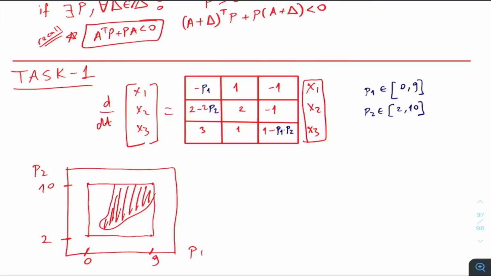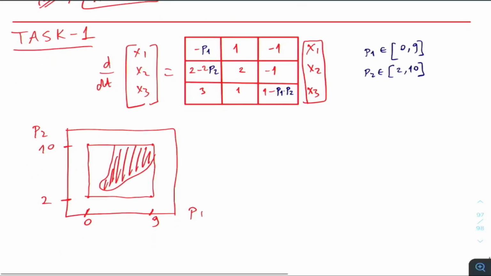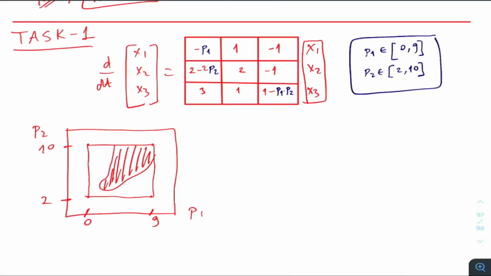Now we are focusing on task 1, right? Here are the parameters and their respective ranges, and I'm going to create an e1 vector using MATLAB linspace. I'm just explaining the pseudocode here, right? 0, 9, and let's say 100. 100 would be really large, but let's say 100.